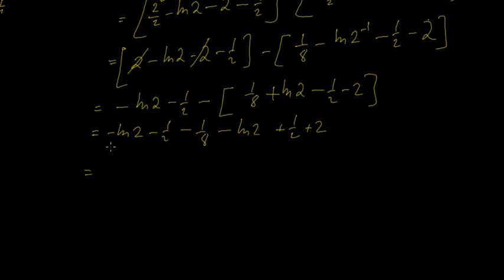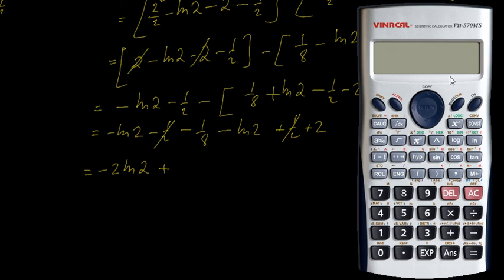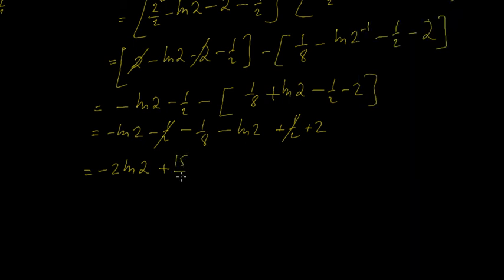So minus ln 2 minus ln 2 is minus 2 ln 2, minus half plus half cancels, so 2 minus 1 by 8 is going to be 15 by 8.